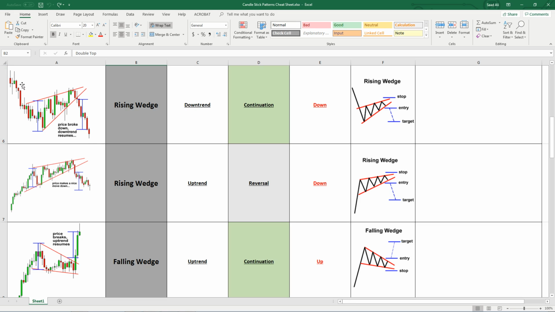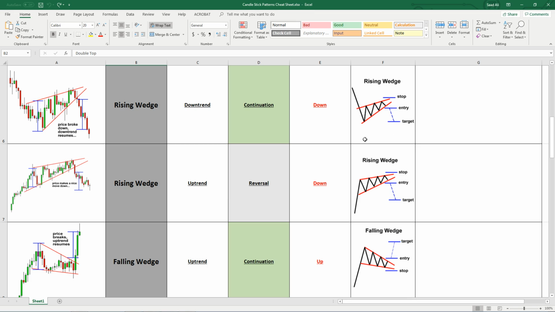So since we're in a downtrend, price started forming a wedge and then broke out down and continued its down, and its next move was down, and that's what a rising wedge is. And here's how you trade it. So you see price is starting to form a rising wedge. You can place a sell order here, stop loss above the rising wedge, and then your target would be somewhere lower.